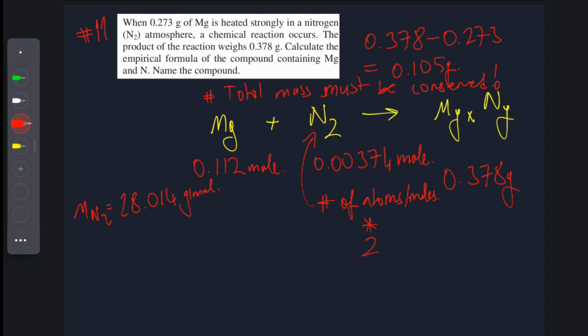In this case, the number of nitrogen atoms, or moles of nitrogen atoms, should be 2 times 0.00374, which is 0.00794 mole. So this goes here, and we calculate magnesium here.